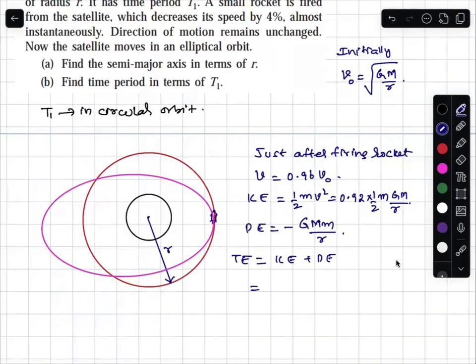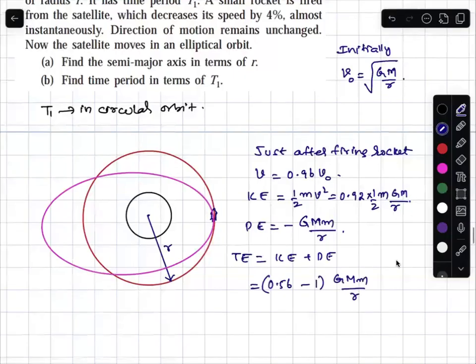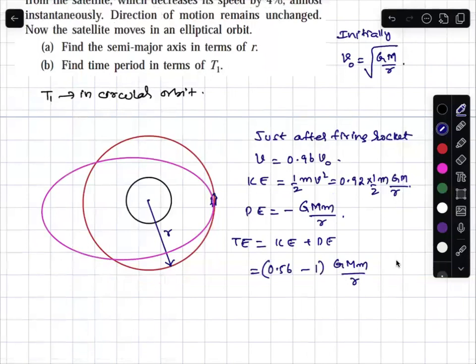So by doing this, what I am getting is 0.92 means 0.46, 0.46 minus 1, G capital M small m by R. Don't worry, negative means bound. 1 minus 0.46, that is minus 0.54 nearly, G capital M small m by R.